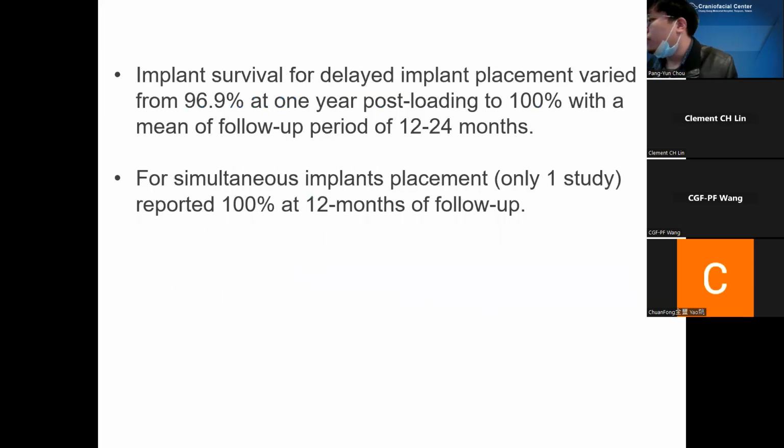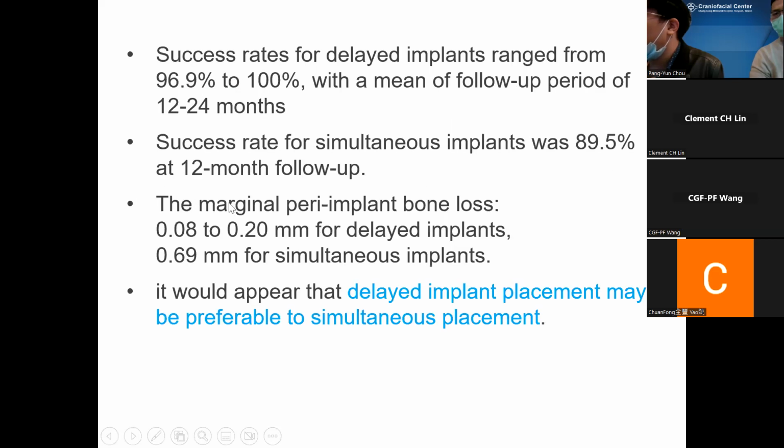The implant survival for delayed implant placement varied from 97% to 100% with a mean follow-up period of 12 to 20 months. And for simultaneous implant placement, which is only one study, it is reported to be 100% at 12 months of follow-up. And the success rates for delayed implants range from 97% to 100%.